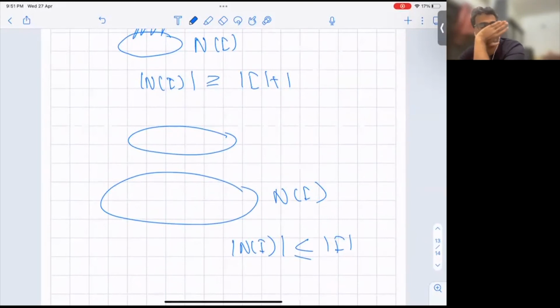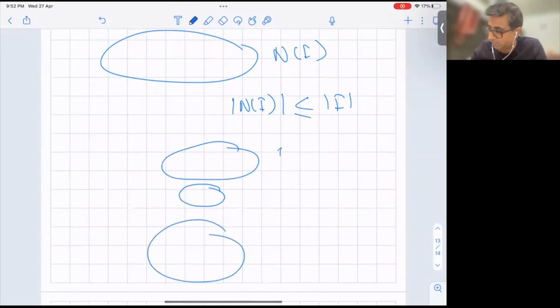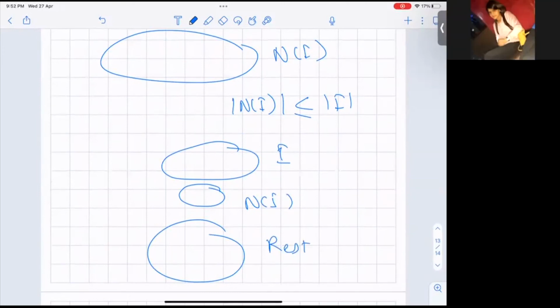If we had such an independent set, what will that correspond to? Imagine I have something, and something else. Say this is I, this is N of I, and this is the rest. Does it remind you of something? Crown? Yes.